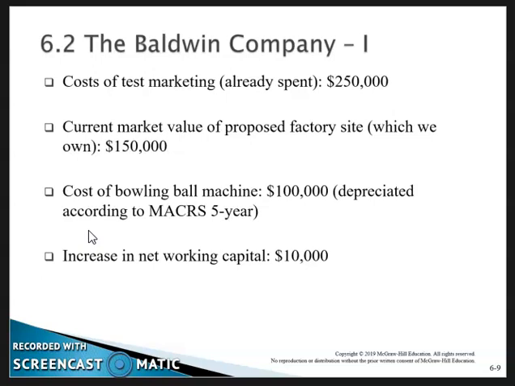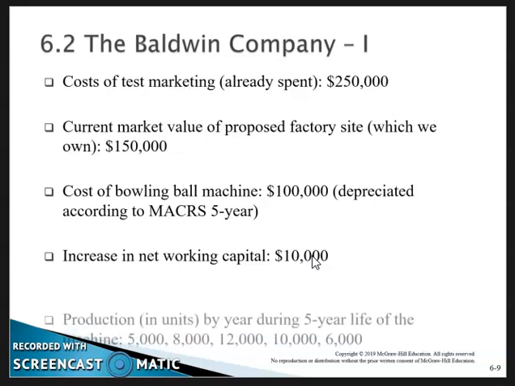The increase in net working capital is $10,000, so that's a cost. The initial costs to the company are the cost of the asset, the opportunity cost, and the increase in net working capital. If there are no other initial costs, it's going to be $260,000 recognized in period zero.